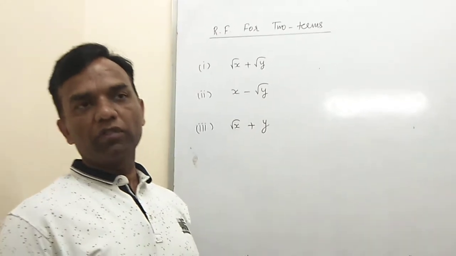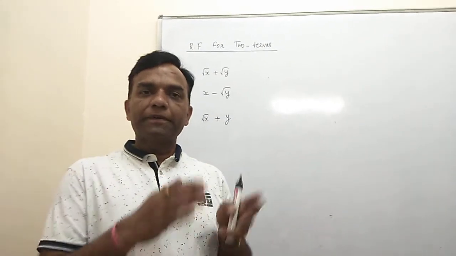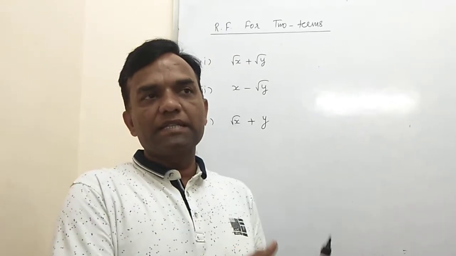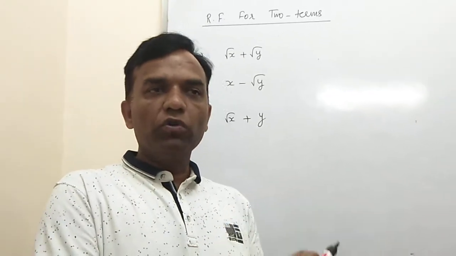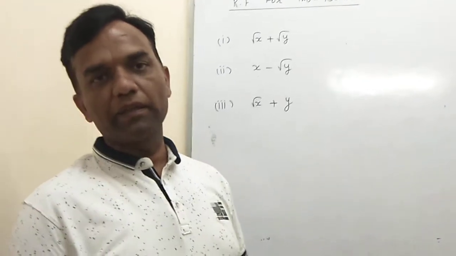But one important thing: if two terms are given, then after multiplying by the rationalizing factor, the whole number must convert into a rational number, with no irrational part remaining.